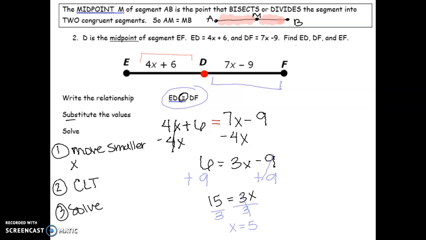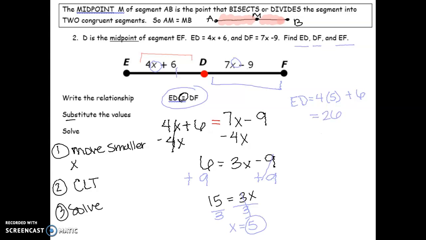Now we have to find ED, DF, and EF. So all I have to do is substitute all my x's with the x that I already found. So ED is going to be 4 multiplied by 5 plus 6. So that'd be 20 plus 6, that is actually 26.